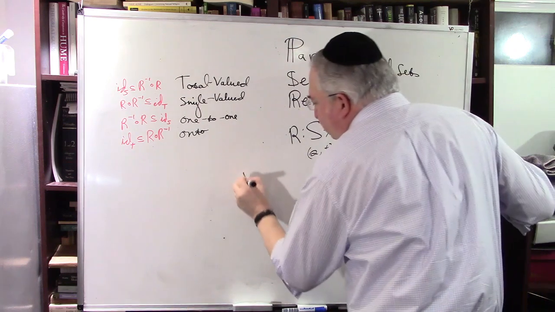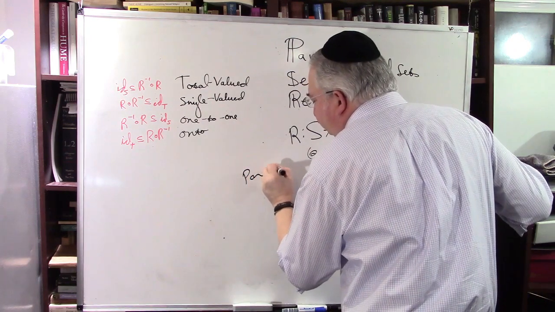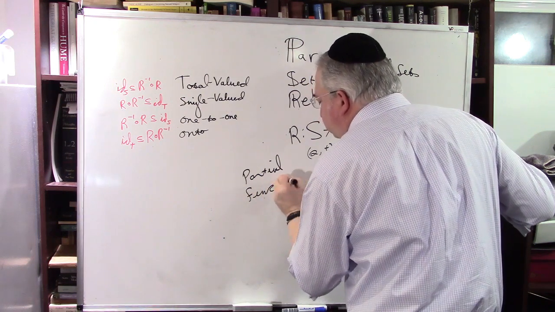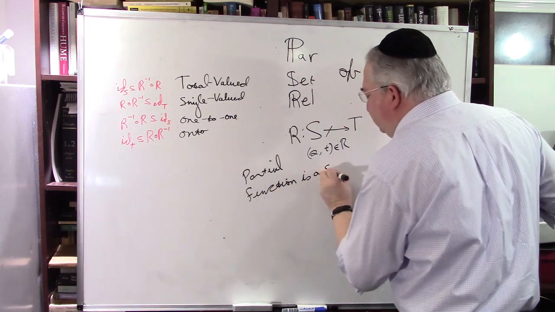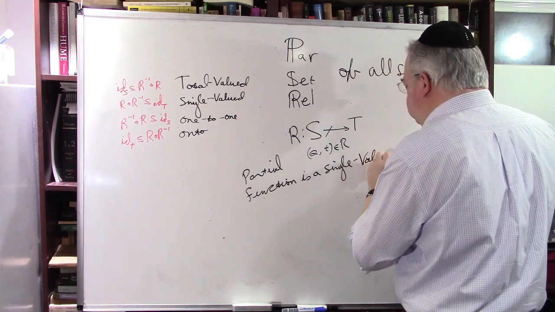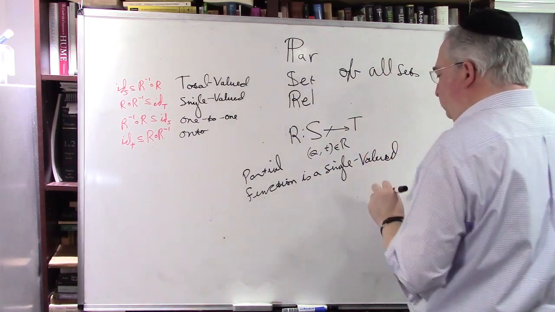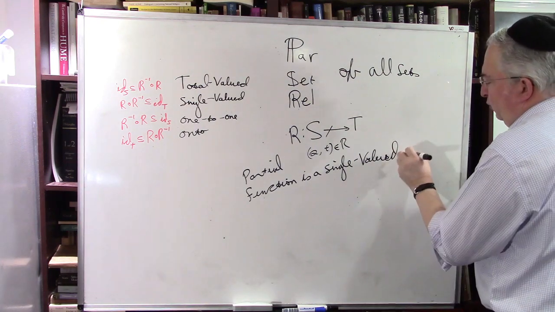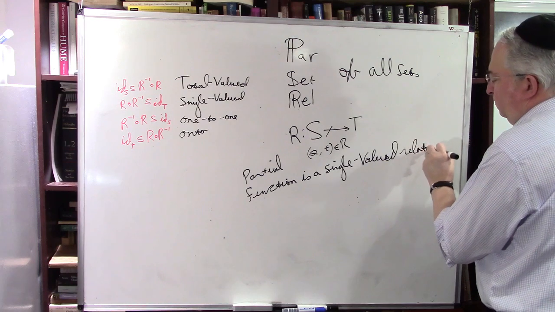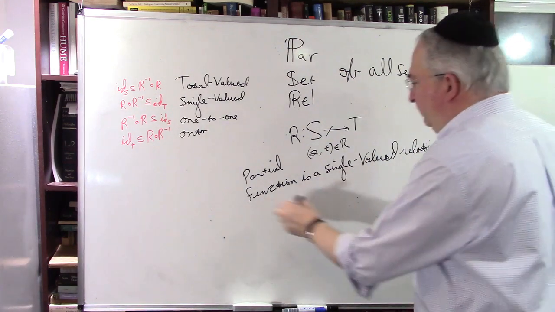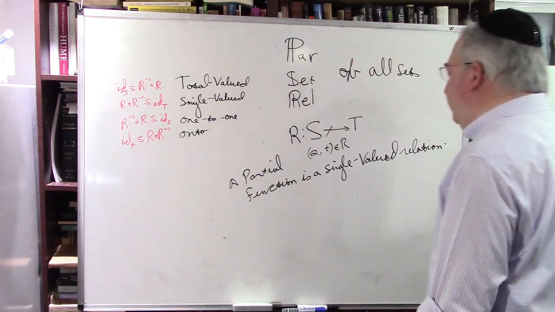So a partial function is a single valued relation.